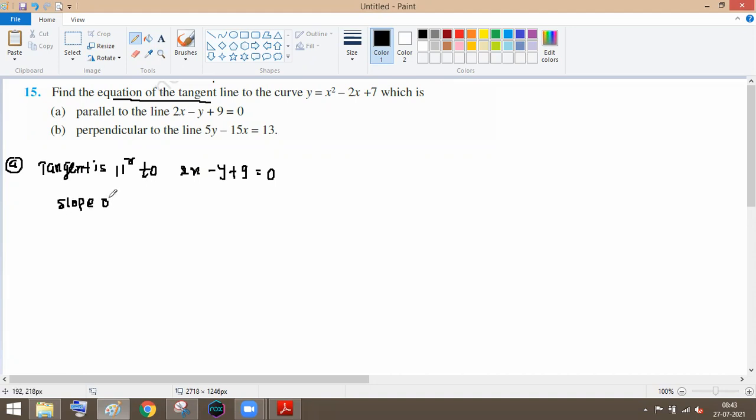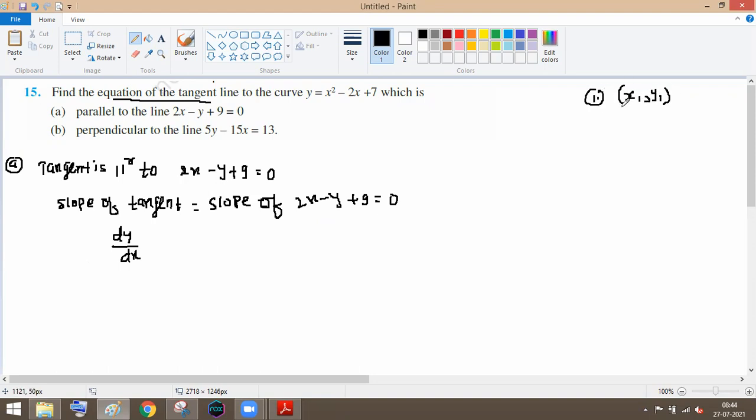It means the slope of the tangent is equal to the slope of 2x minus y plus 9 equal to 0. The slope of the tangent is dy by dx. I told you the method to calculate the equation of the tangent: first calculate x1, y1, and second calculate the slope. These 2 things you have to find out for the equation of the tangent and normal.